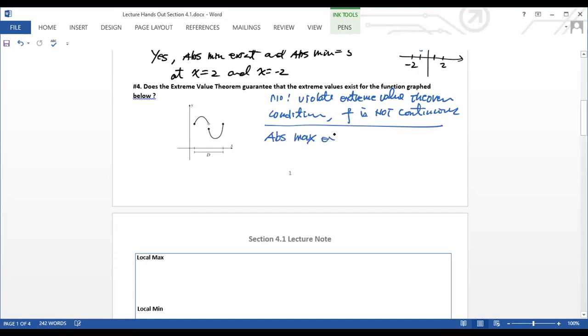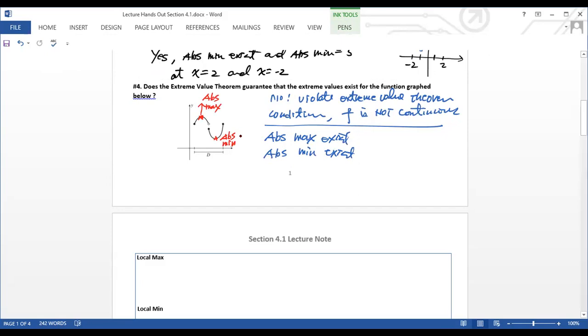The absolute max exists and the absolute min exists. Why? Because in here, this is my absolute max, so this is the largest point. And this is my absolute min. So it does exist, okay?